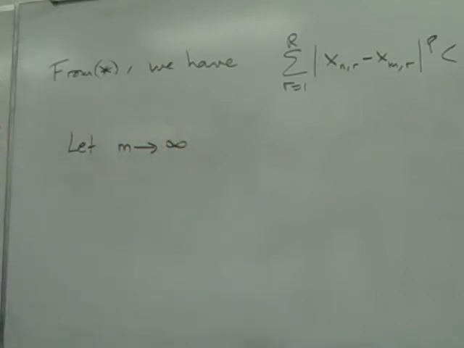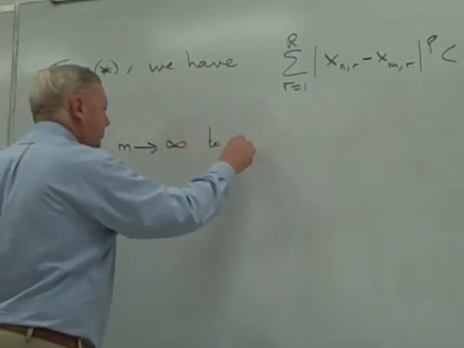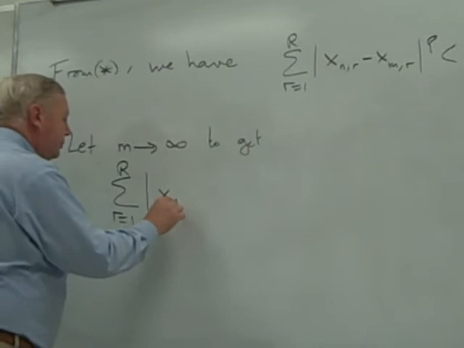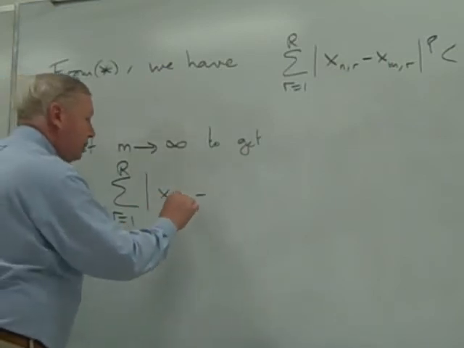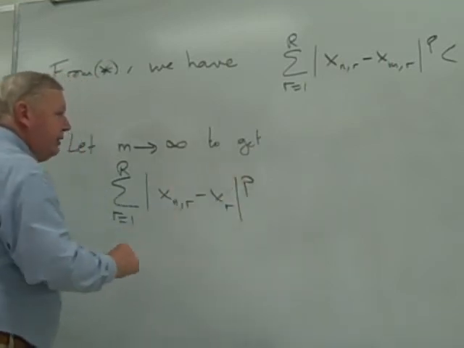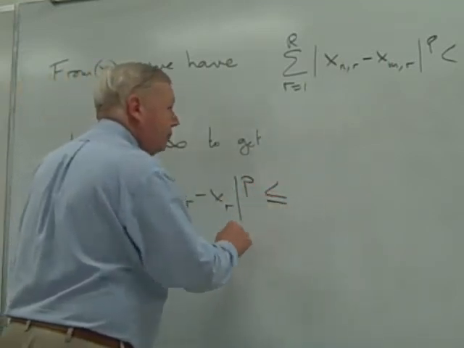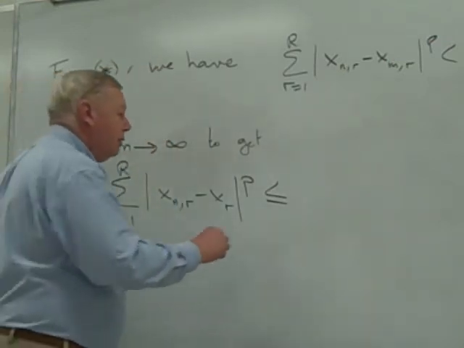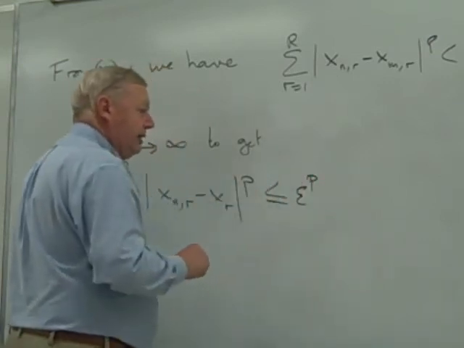That's permissible because that inequality is true for all m and n greater than or equal to capital N. And what we get is that the sum from 1 to capital R, absolute value xnr minus xr raised to the pth power, now the less than may turn into a less than or equal to in the limit, less than or equal to epsilon to the p.